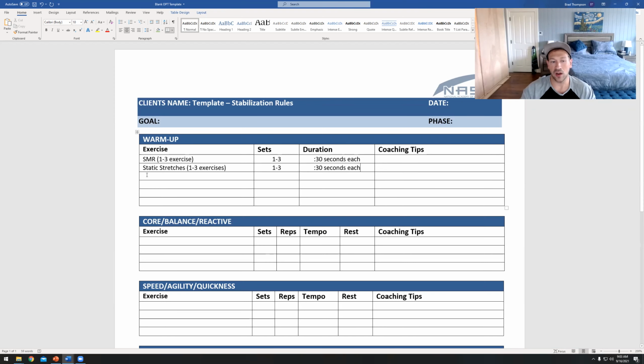right? Now, for my warm-up at the end, I need to do a little bit of cardio to get the blood flowing and really get my client's heart rate up just a little bit to prep them for that exercise. So I'm going to say cardio, and that's going to be any appropriate equipment.